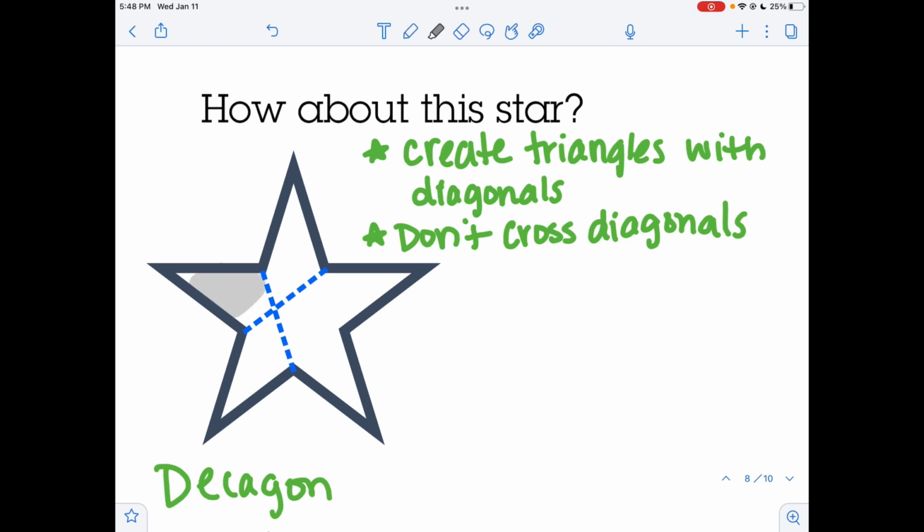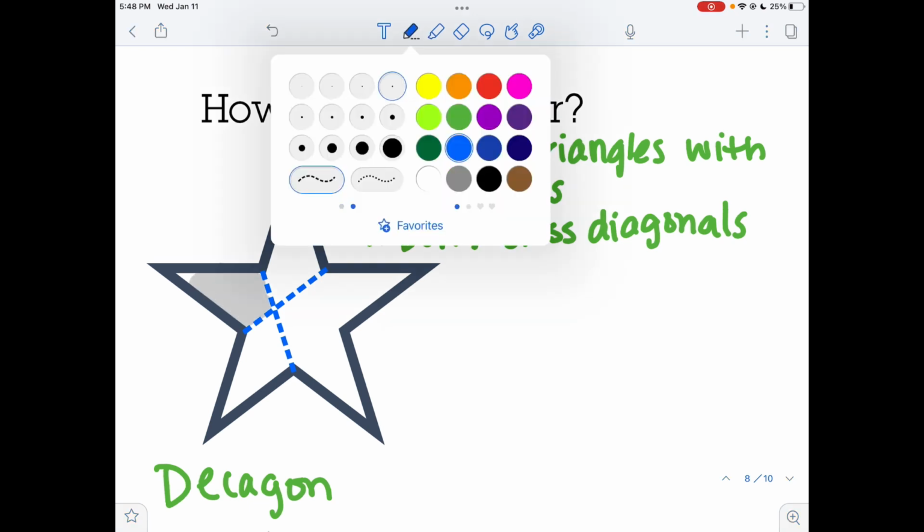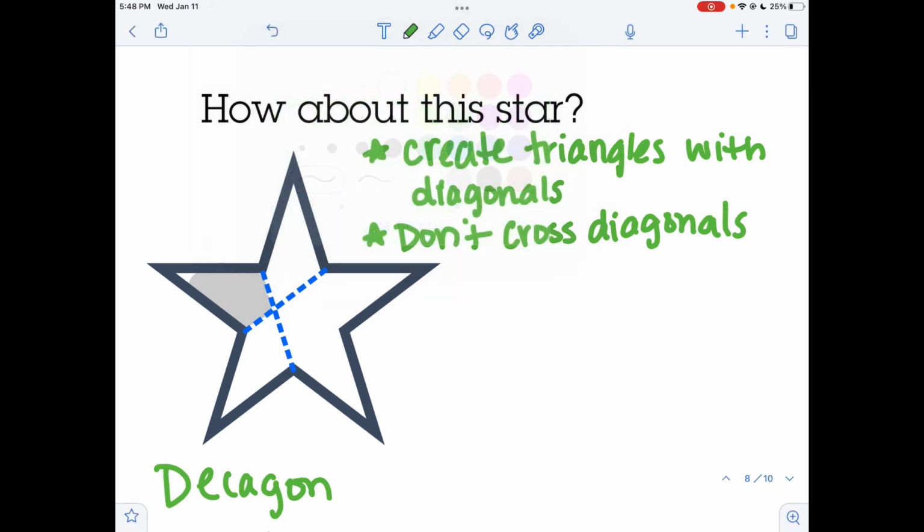I made a quadrilateral over here, but its interior angle is here in the center of the star, and that's not what we want. Remember what we're trying for. We're trying to get triangles so that we can measure all of these interior angles.